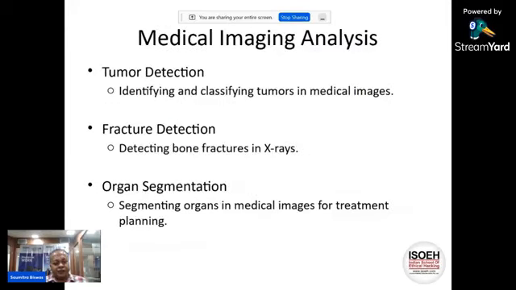Next one is medical imaging analysis. I have listed only three. There are many. One is tumor detection. A tumor can be malignant or benign.